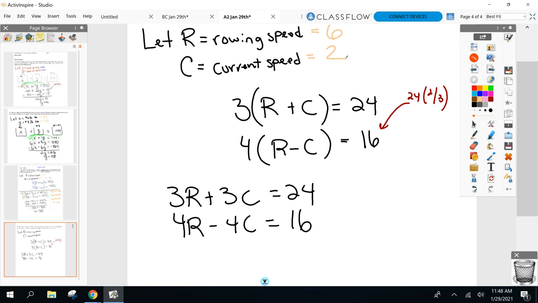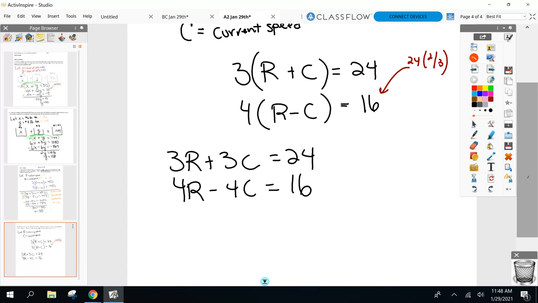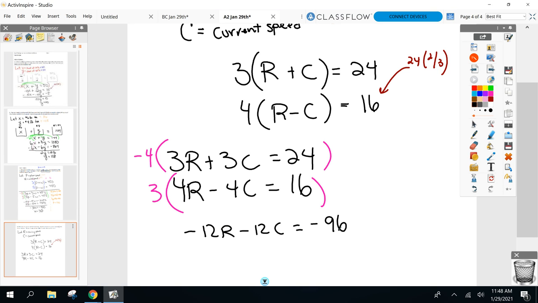What's up? Wait, how did you get six? Okay, so let me ask you, Caroline, what'd you multiply by? -4 and 3, right? -12x minus 12y. Okay, well, here we go. So you got -12 minus 12, whatever your variable is, equals -96.